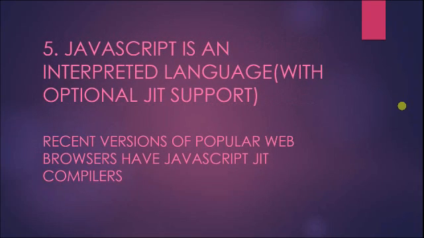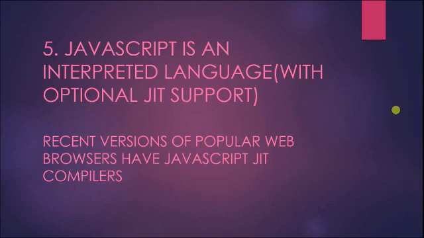JavaScript is an interpreted language. In the earlier versions of web browsers, JavaScript did not produce any machine code, so it was a totally interpreted language, not a compiled language.